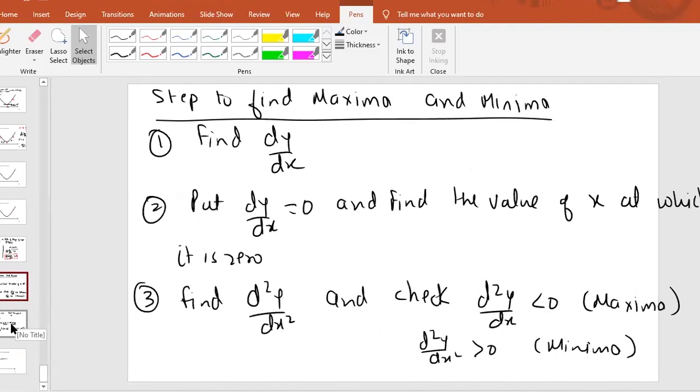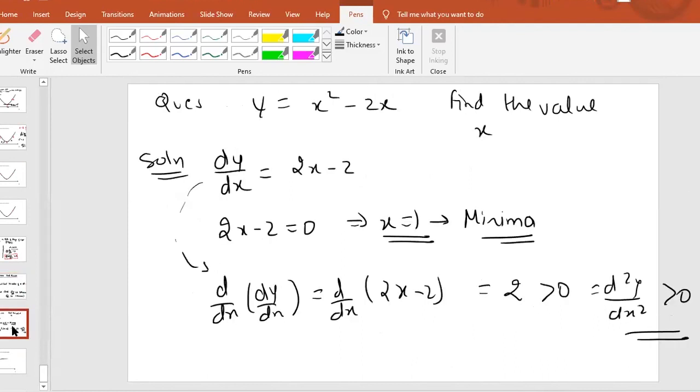Any other doubt? See, acceleration formula. Velocity as a function of time is given to us. If you differentiate velocity with respect to time, we'll get acceleration. That will be discussed in kinematics 1D, one dimension. Don't worry about that. I just gave you the basic idea of where we are using differentiation. Maxima and minima will be used in further classes, like when we are finding the equilibrium condition, we have to find the maximum and minimum condition there.